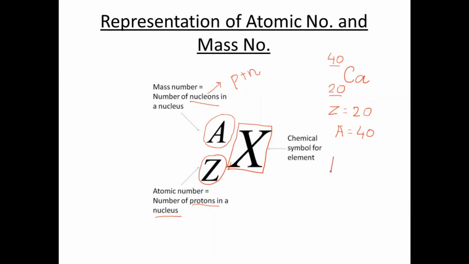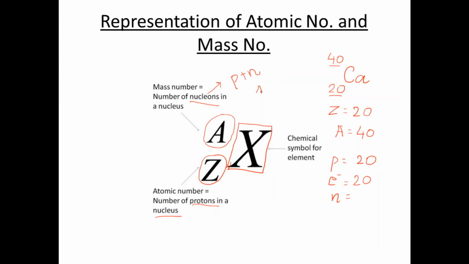So children, now shall we find how many protons, electrons and neutrons are present inside an atom? So number of protons means the atomic number, 20. And you all know that the number of protons and number of electrons are equal in nature. Now what about the number of neutrons? You know that mass number is equal to proton plus neutron.